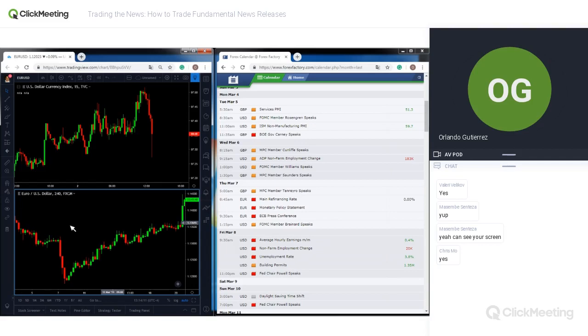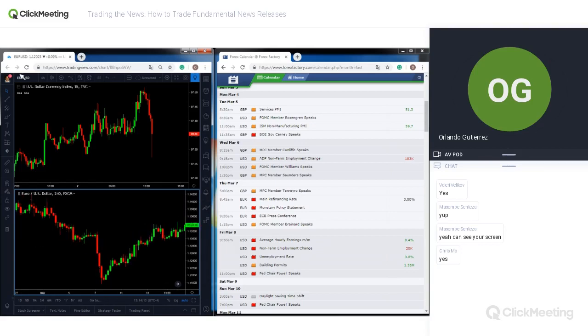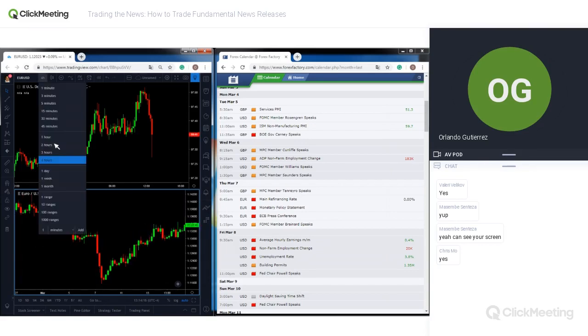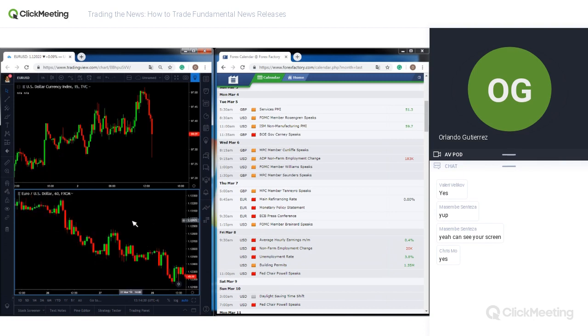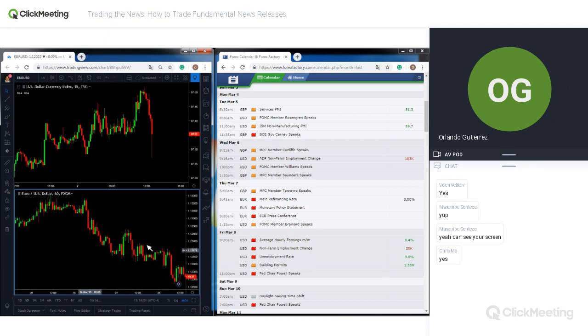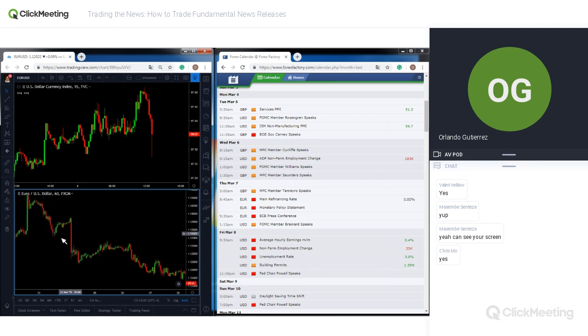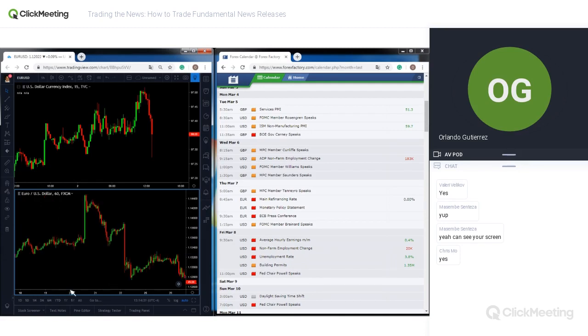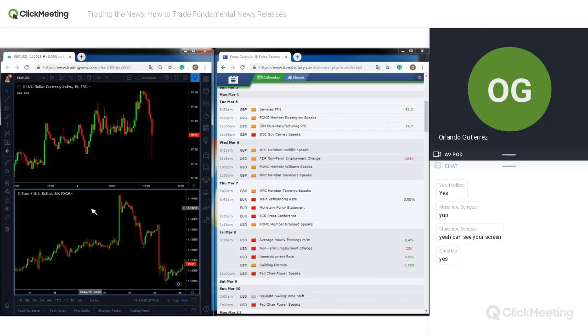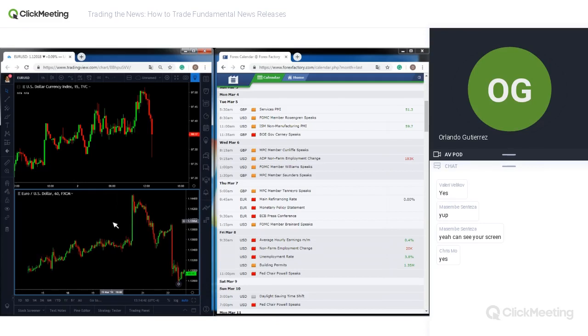All right. So what we're going to be doing is look at the euro US dollar during this release, and we're going to look at the hourly, and then the 15 minutes. I'm going page by page, because I don't want to lose myself in the charts. So I did lose myself in the charts. If anybody has any idea how to go to a specific date on TradingView, you can just tell me in the chat.